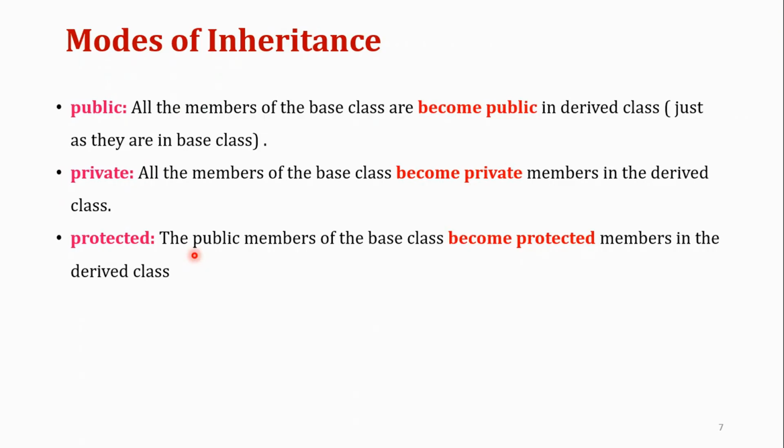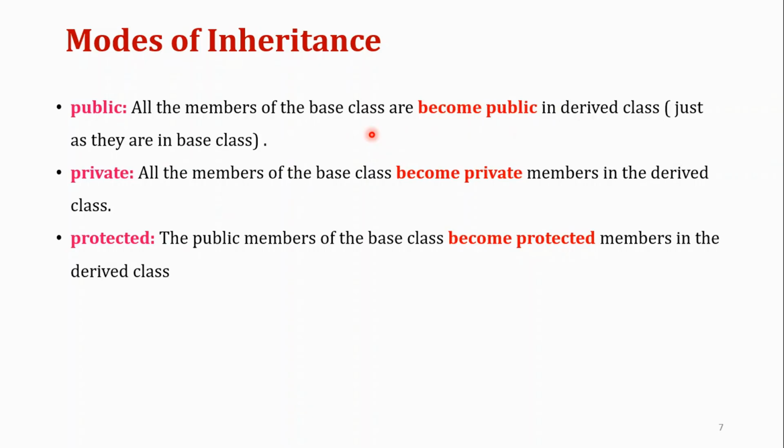The public mode means that if you are inheriting in the public mode, all the public members of the base class remain public in the derived class, just as they are in the base class.